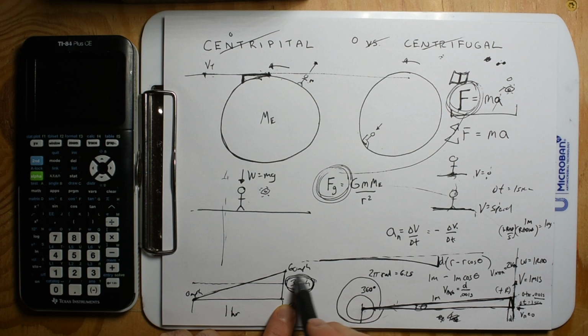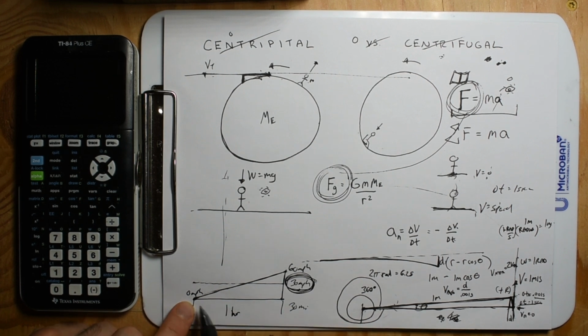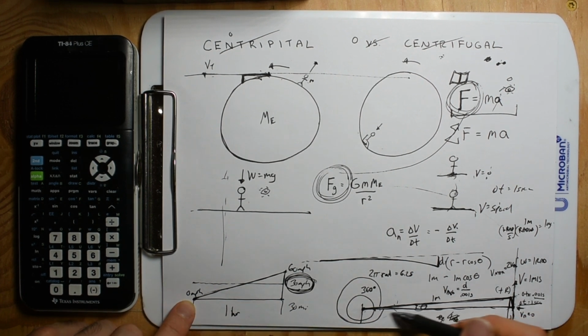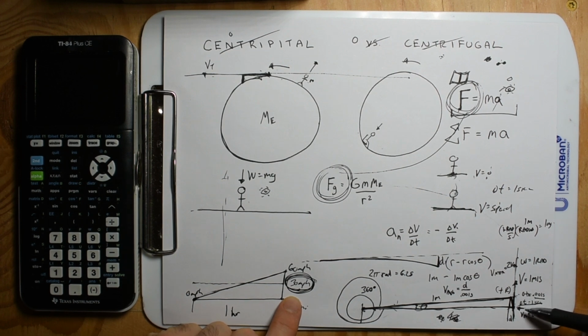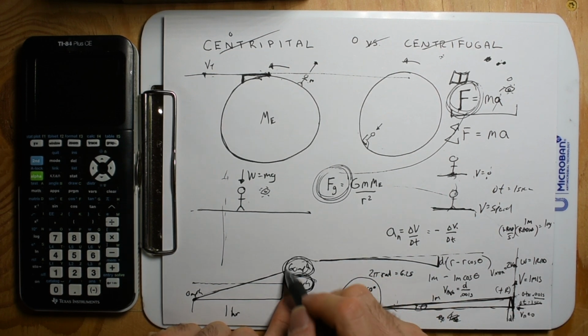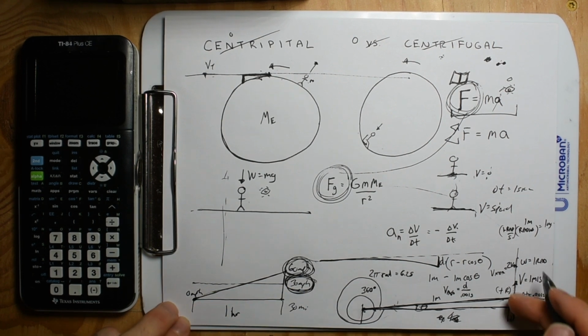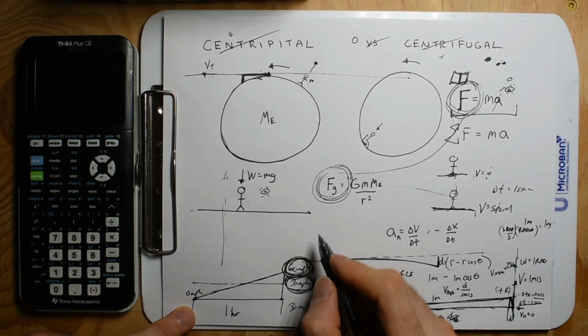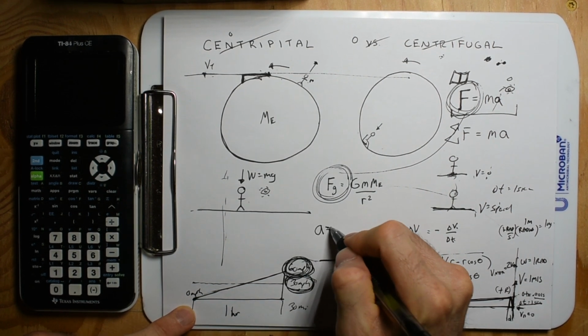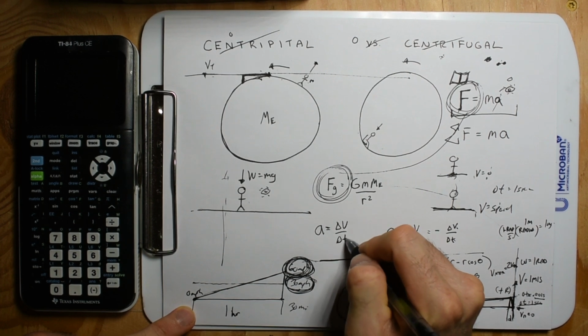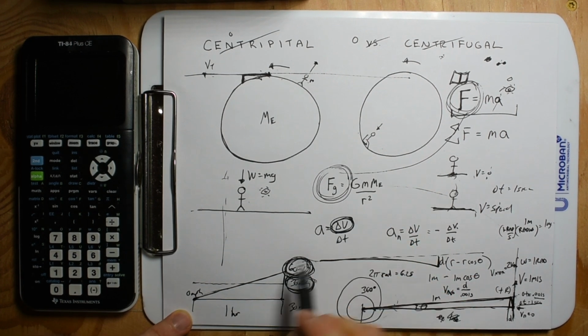We found our average speed. We knew we started at 0 miles per hour towards the radius. Our max speed, that's what we're interested in, is 2 times the average. Now, why are we interested in our max speed? Because the acceleration, definitionally, is change in velocity over change in time. We need to know our change in velocity.